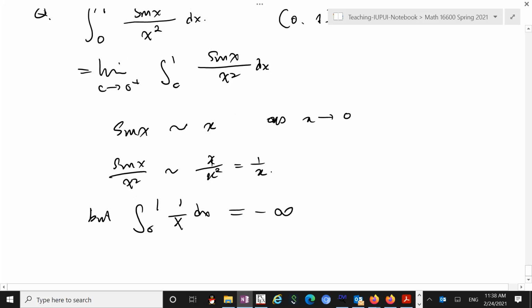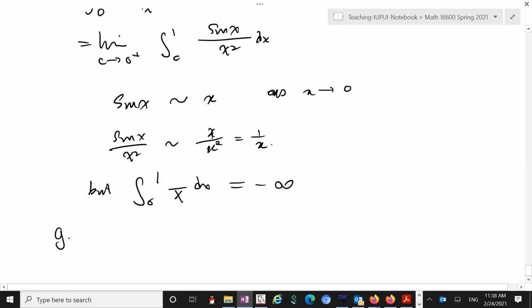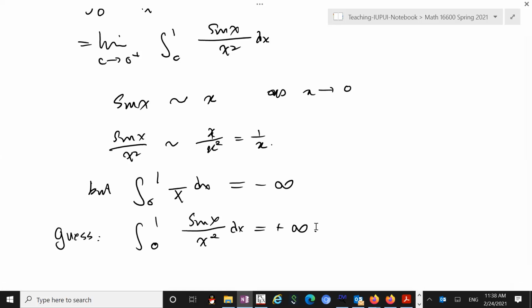We already know that, right? It's the example we discussed. So that is my conjecture. But this is just a conjecture. We haven't proved it.